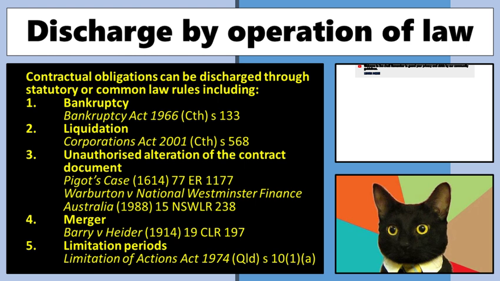That can happen often in situations where things have been changed after the fact. You've got a contractual document, one person's just come through and made changes. That in some situations can actually render the contract discharged at that point, and render your obligations at that particular point invalid too. I'll come back to merger later.